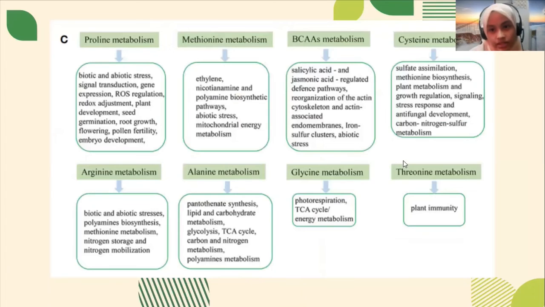In diagram C, as I've said, it explains the functions of the amino acids that we discussed earlier. For example, proline metabolism in biotic and abiotic stress, as well as plant development, seed germination, root growth, flowering, pollen fertility, and embryo development, which is the plant seeds.